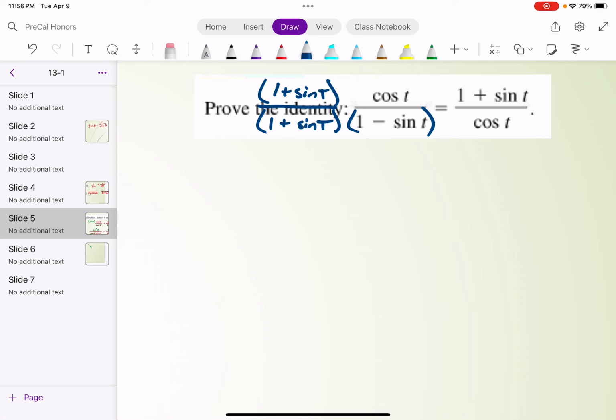By doing that, you put yourself in a position where you will be able to use the identities in the problem.